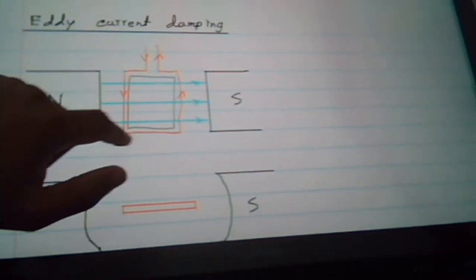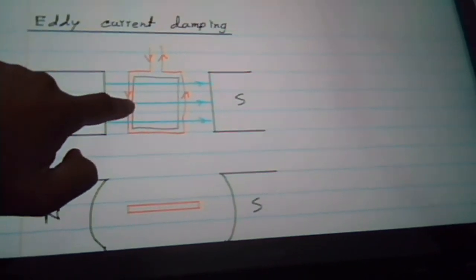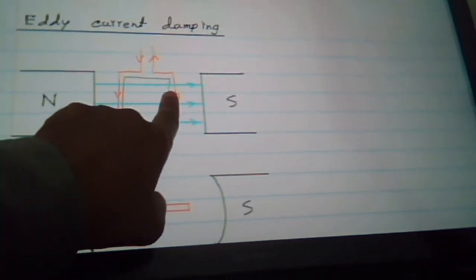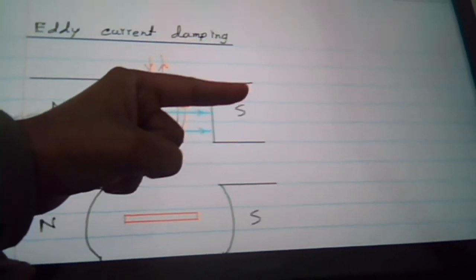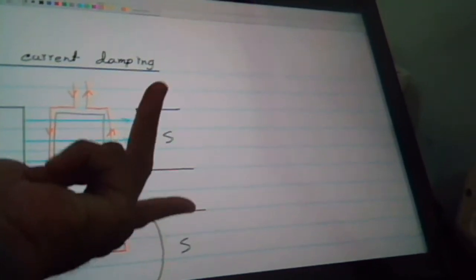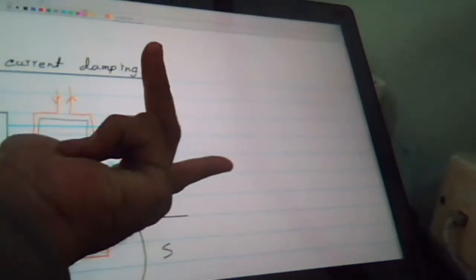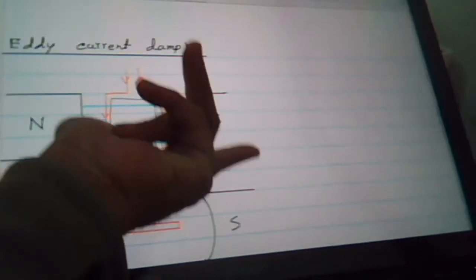So here the force will be outwards towards me, perpendicular to the board. But now here, this is the direction of flux, and current is upwards, flux is towards the right, and my thumb, which you cannot see because it is pointing into the board.